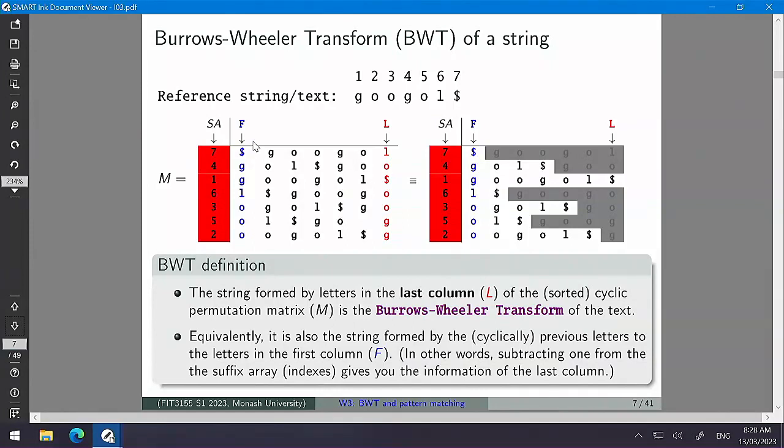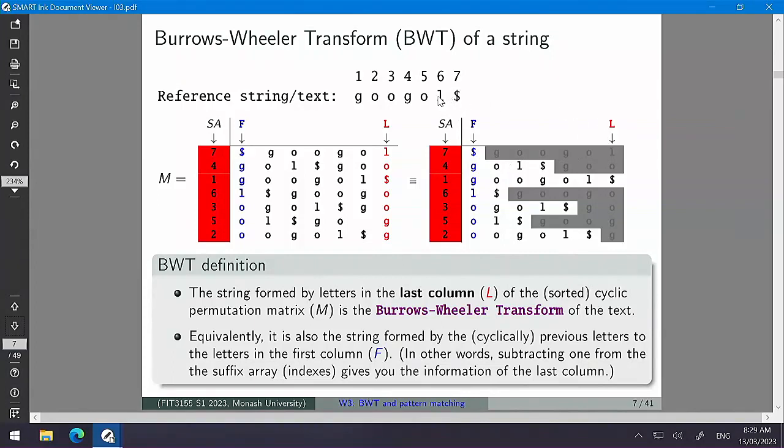So I've told you what suffix array is. I've told you the relationship of the suffix array with the last column. Okay, if you found a suffix array 7, would you know what the corresponding letter would be in the last column? So 7 is dollar.